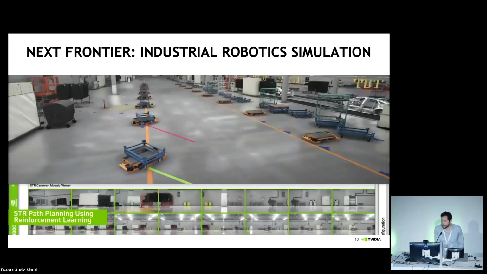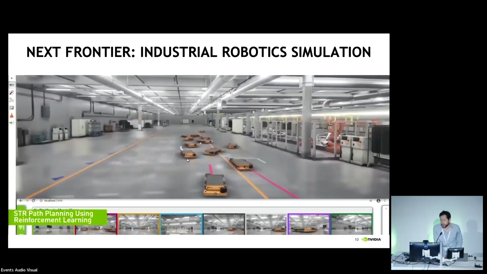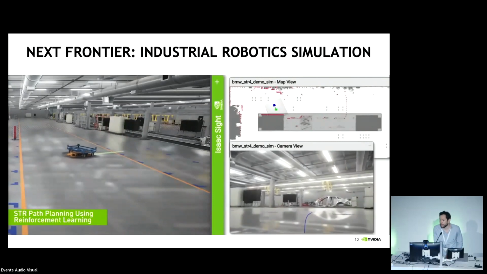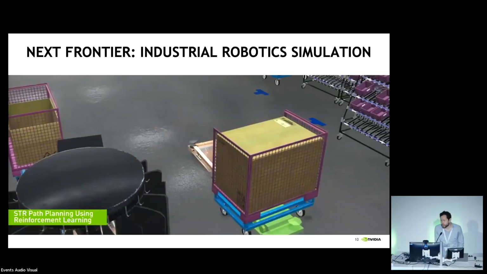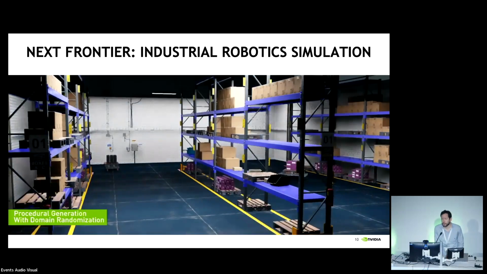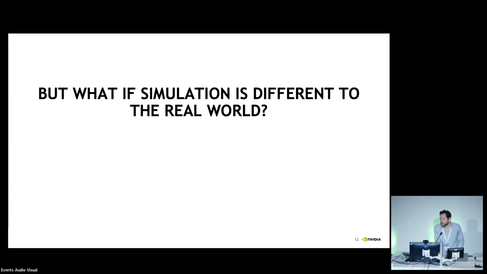And you can randomize over all of these different scenarios to be more robust, to address the problem of sim to real, and so on. So let's talk about sim to real now, and how we can use these simulators to actually help us in deploying all of these systems. But you might ask this question: what if the simulation is different from the real world?